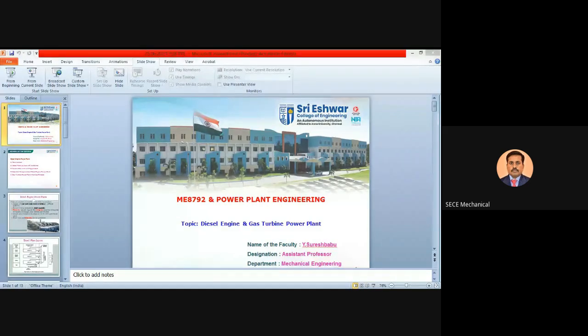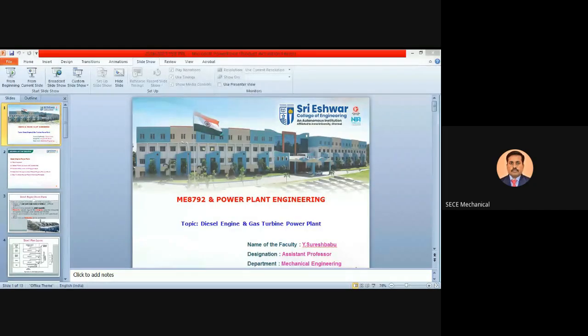Several engines are fixed and coupled with the intake and exhaust system, and each engine is connected with a generator. All the generators are coupled with the electrical grid system. In this way, we can produce a high amount of power capacity.